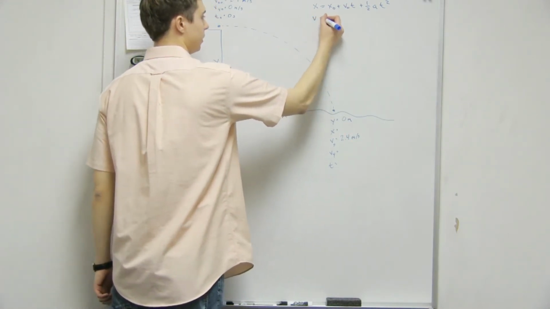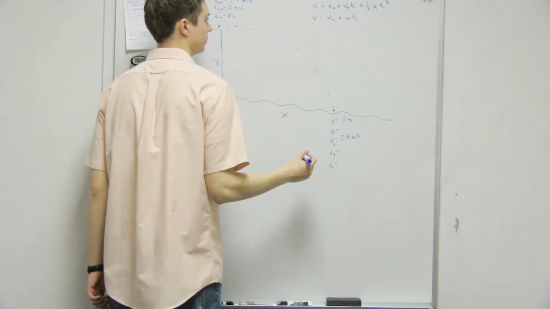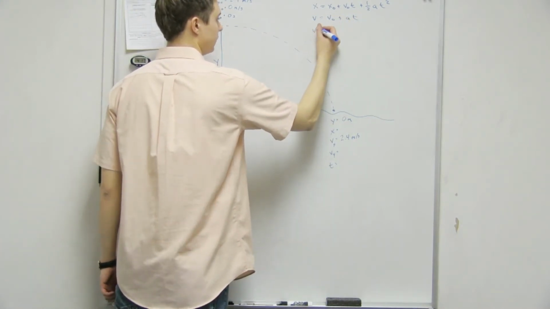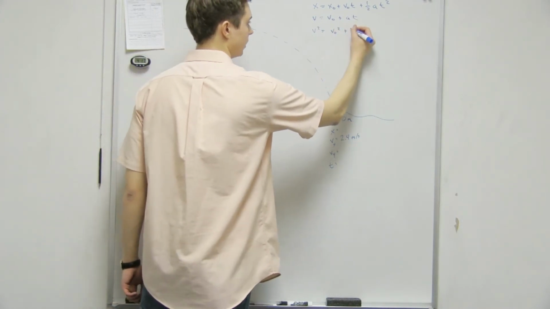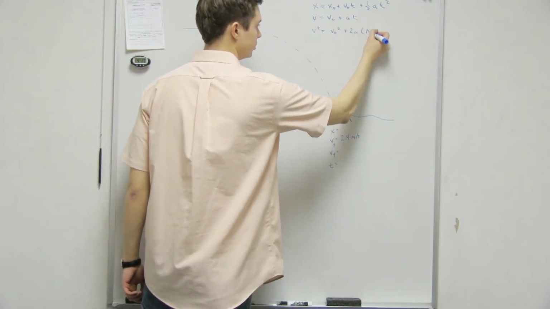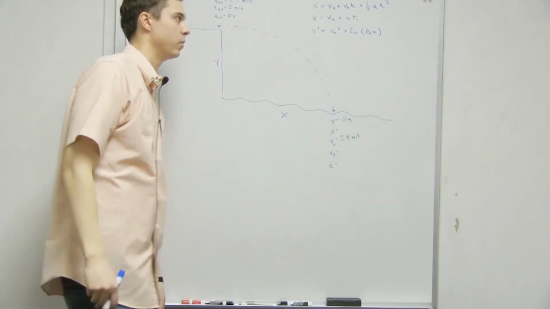We can say v equals v naught plus at. And we also know that v squared equals v naught squared plus 2a times change in x. Again, that x could just as easily be a y.